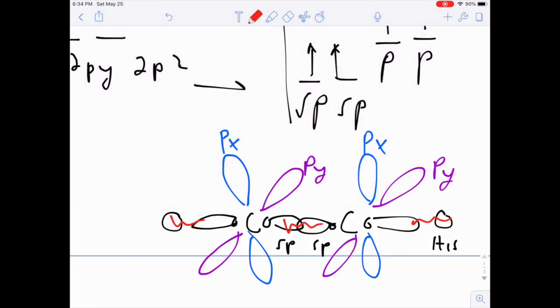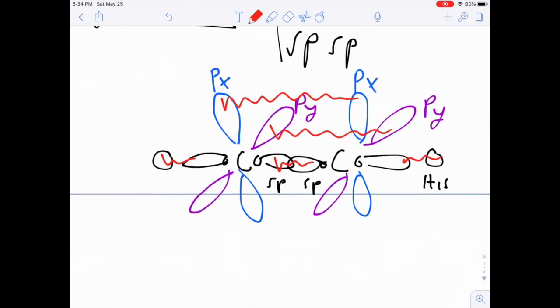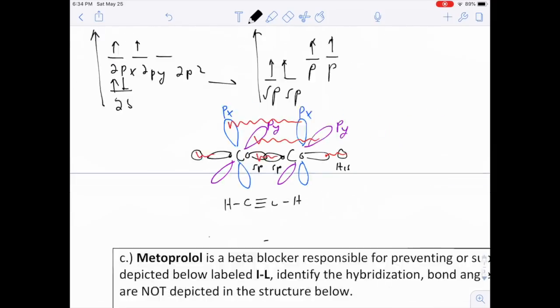We can see something like this, the blues overlapping and the purples overlapping. So you see how there are 3 lines between those carbons. If I were to draw the Lewis structure of that, it would look something like this. Maybe now that makes a little more sense of what hybridization is and how it works in terms of bonding. So that is the concept.